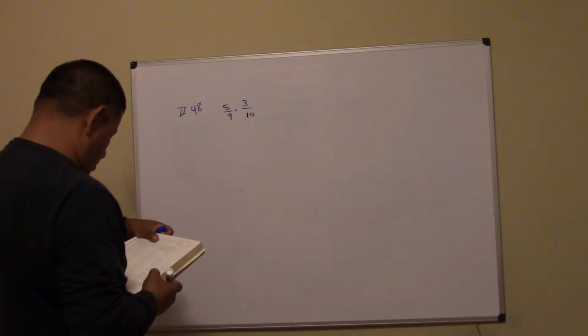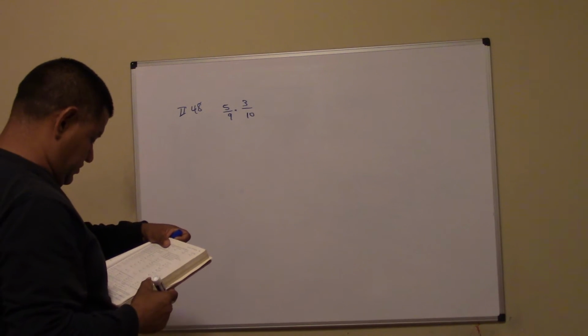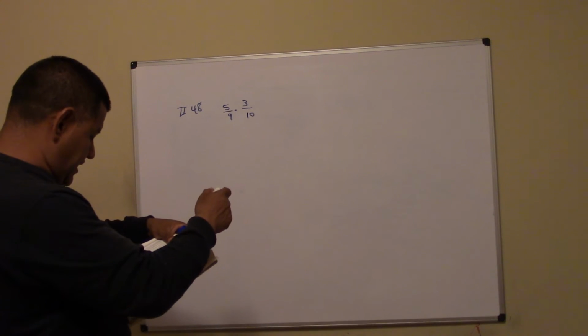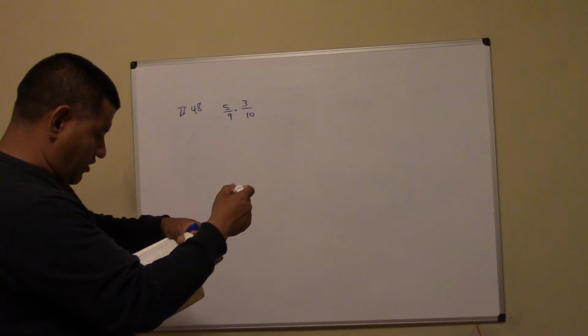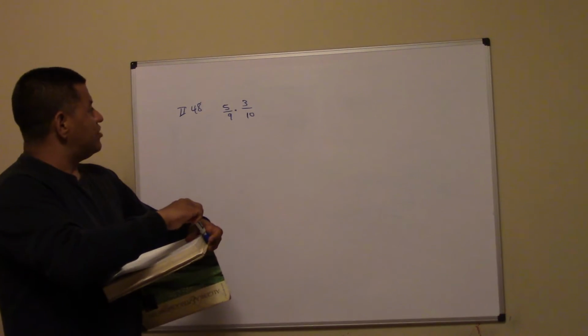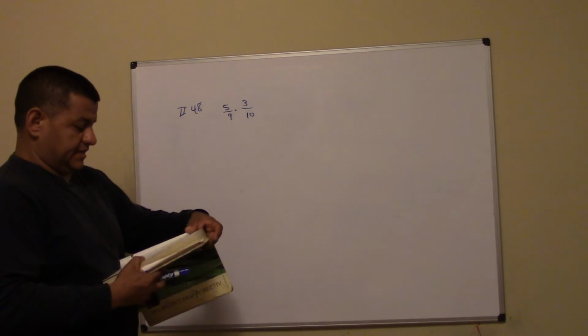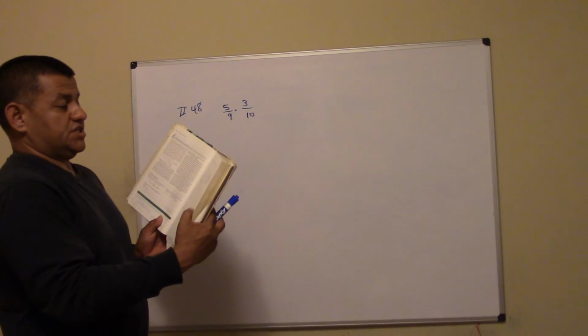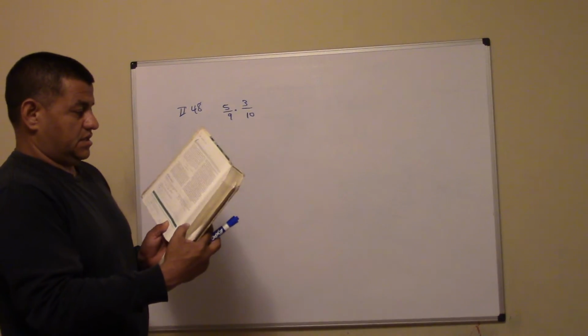Okay, so that is the only multiplying problem that I have in this book. I don't have any other multiplying problem because, again, this is only a very small section on review problems.